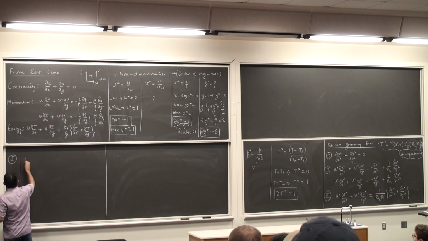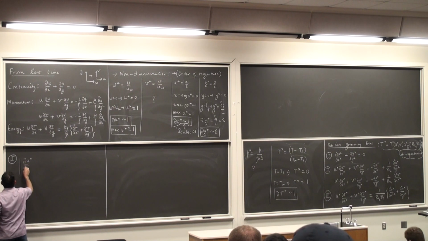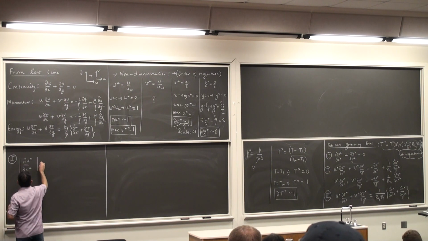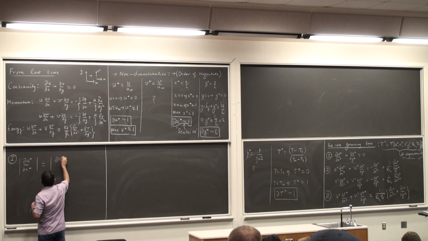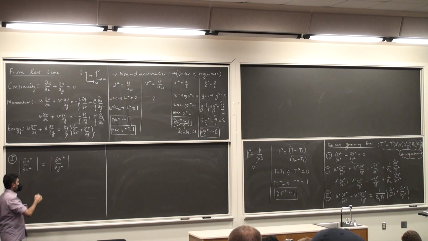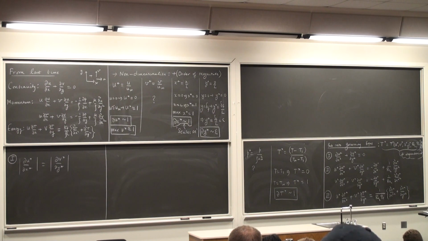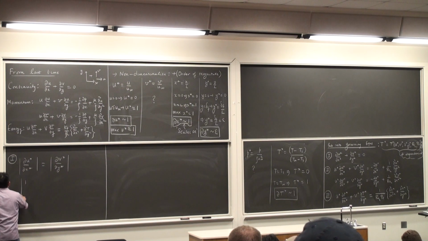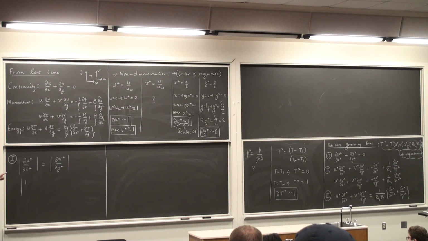So if I take the magnitude, is equal to, does this make sense to everybody? It's from the continuity equation. du star scales as 1, look at that there from the first panel, so that's 1. dx star scales as 1 as well.